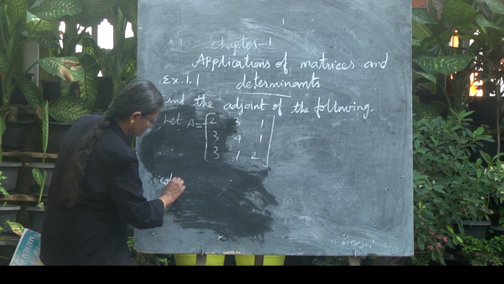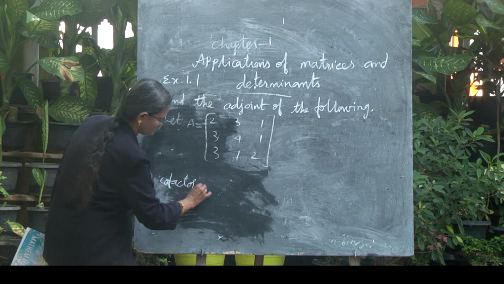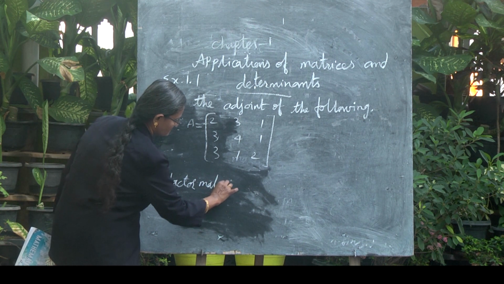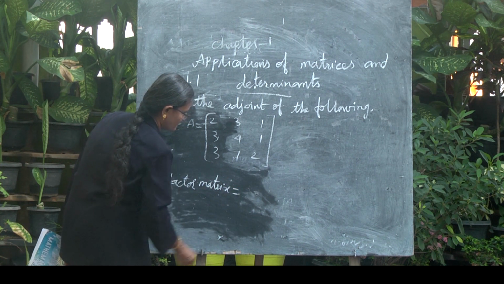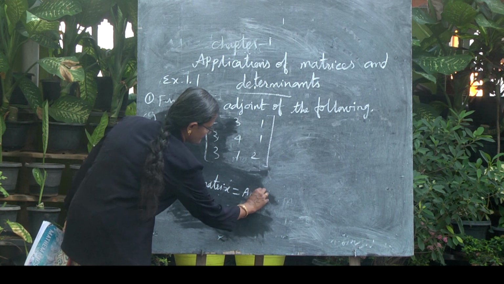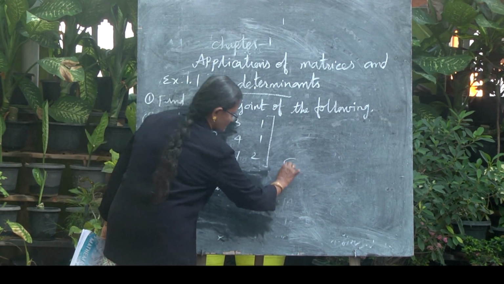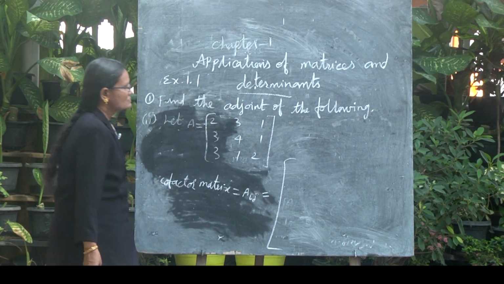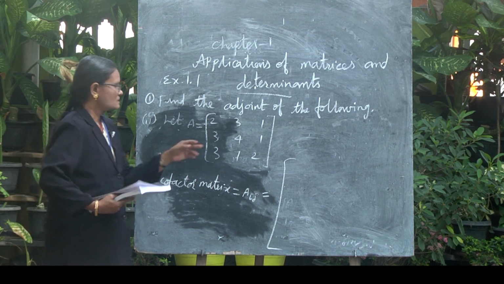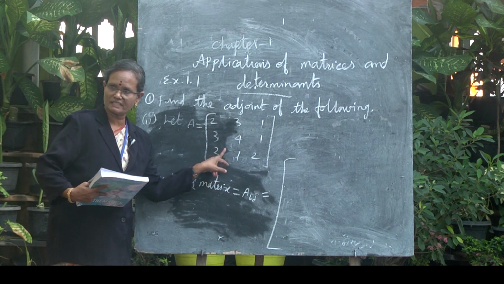The cofactor matrix is denoted as Aij. Find out the minor of each and every element of the given matrix.